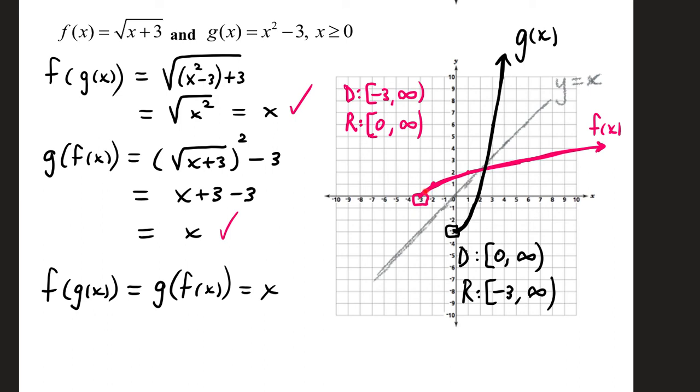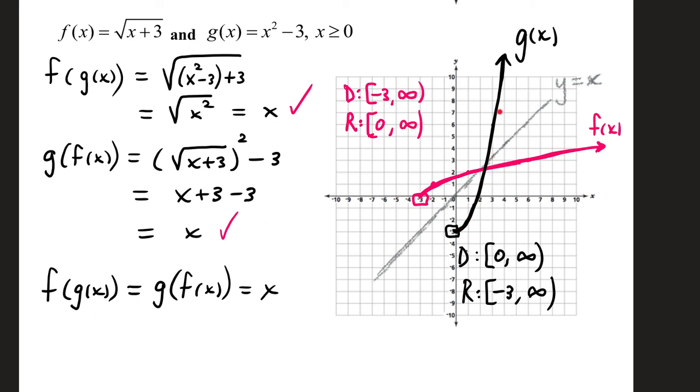The pink graph, since its x values are limited to -3 and larger, has a domain of -3 to infinity. The y values on the graph, the lowest or smallest is 0. The y values go up as you go right, so the range is 0 to infinity.